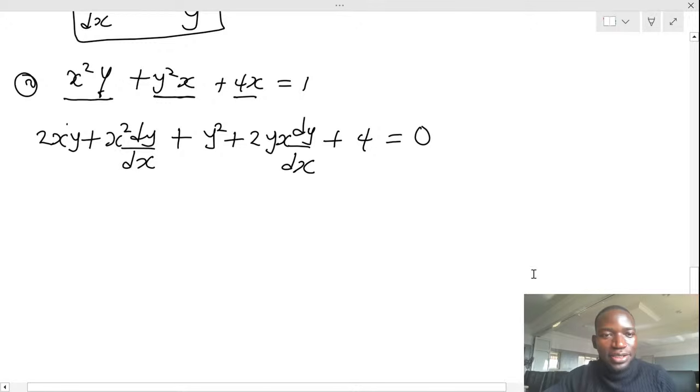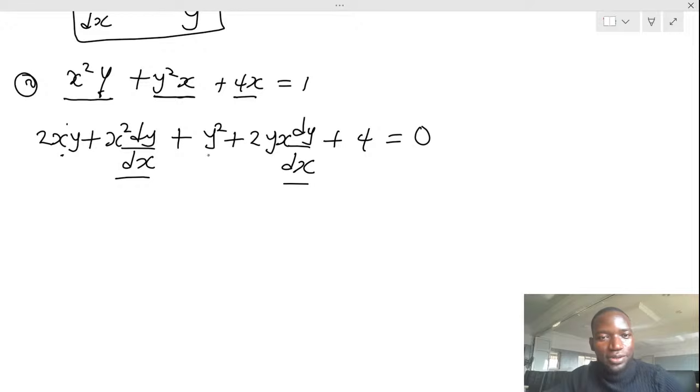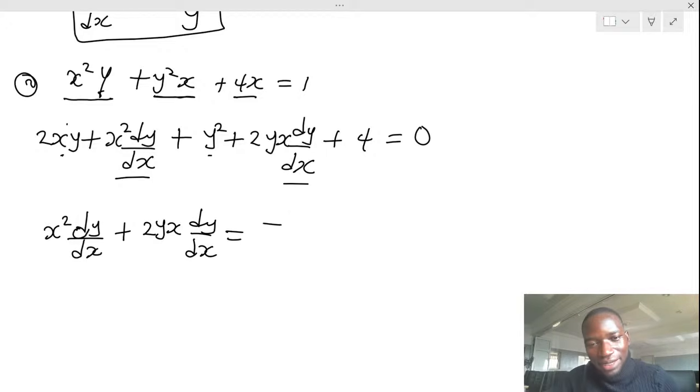All right, so now let's make our dy by the x the subject here. That means we need to take these other terms to the other side. So all we have here is x squared dy over the x plus 2yx or xy dy by the x. Everything will be equal to, when everything crosses over, we are going to have minus 2x plus y squared plus 4.